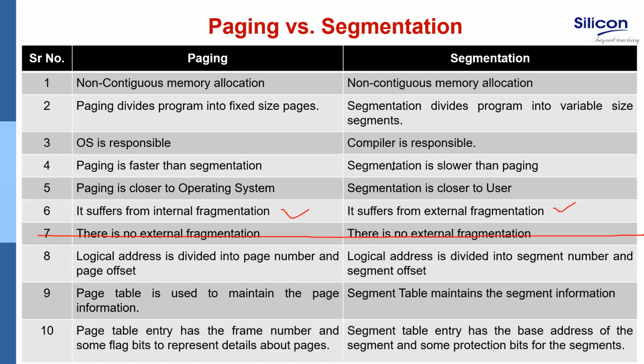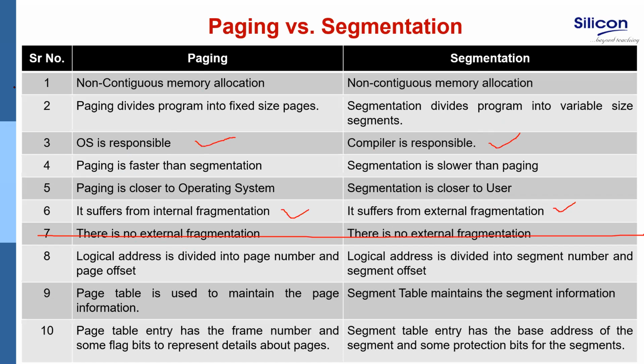Paging is faster than segmentation. And the operating system is responsible for the page size, whereas in segmentation the compiler is responsible, meaning more on the user, and this is for the operating system. I think these 5 to 6 differences you can easily write. Can you write or not?